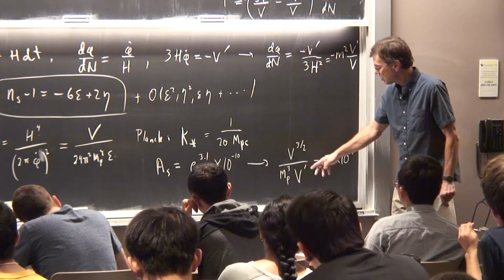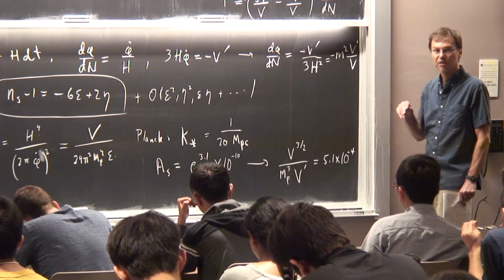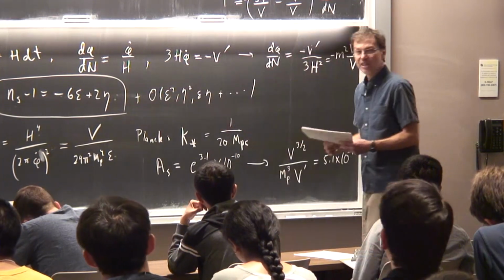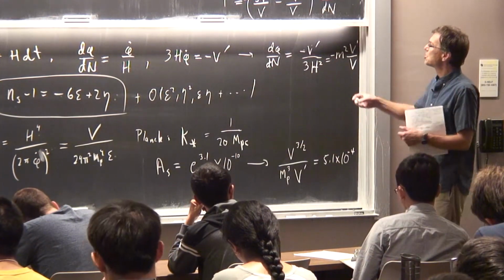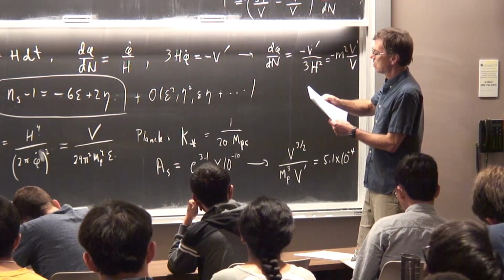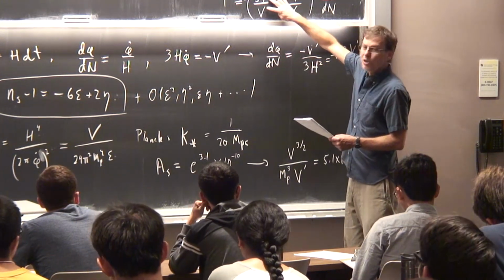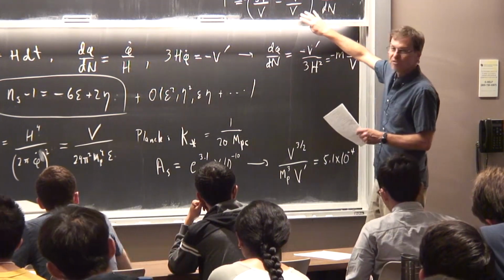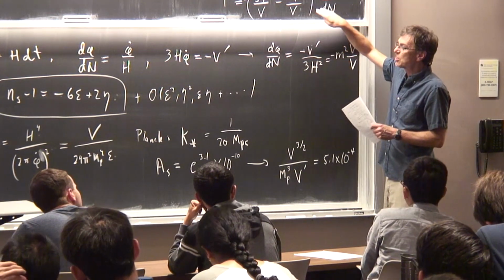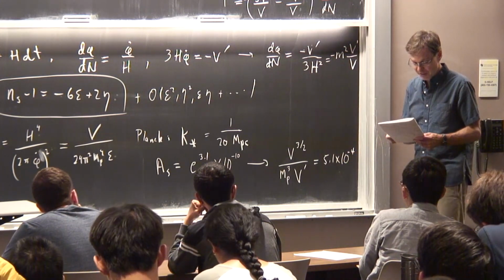And what you see here is that this is going to have some impact on the overall scale of the potential. Whereas the slow roll parameters themselves don't care about the overall scale of the potential. They're always V prime over V squared or V double prime over V. So overall changes in the overall scale have no effect on the shape of the potential. It's only the amplitude that cares about that.